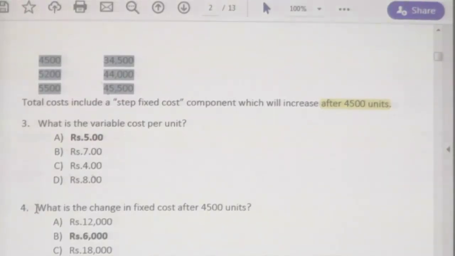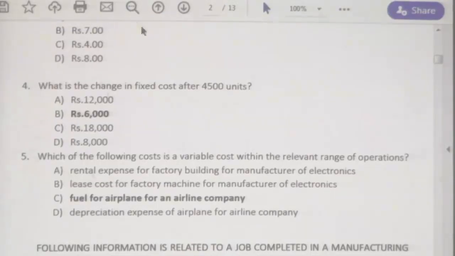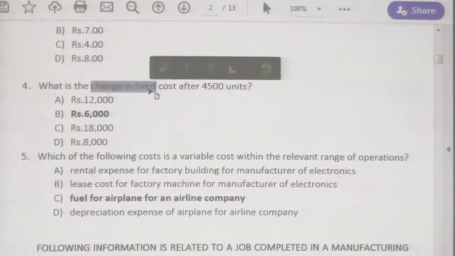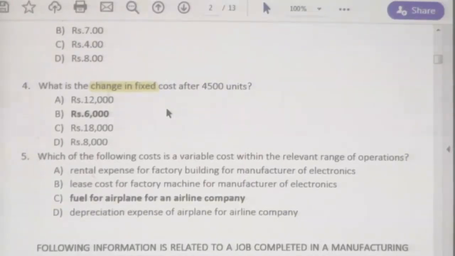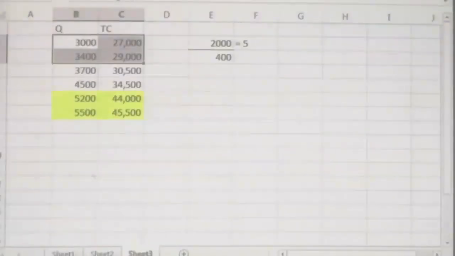Now, second question, question number 4, asks about what is the fixed cost after 4,000, what is the change in fixed cost? The change in fixed cost after 4,500, what is it? They are asking what would be the step cost after 4,500, that is by how much fixed cost will increase, that is the answer they are expecting.